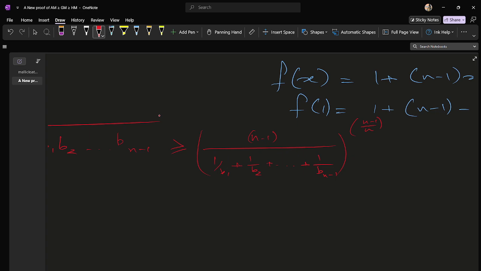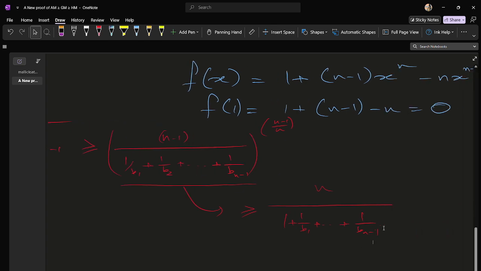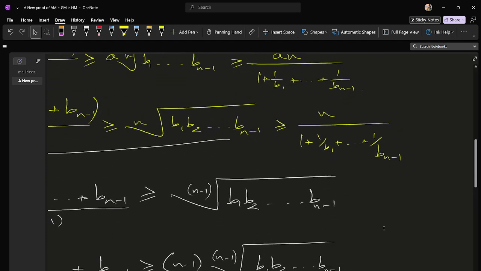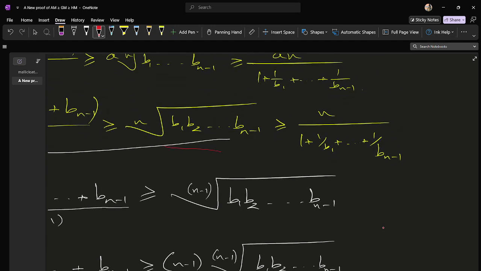So now it will be enough to prove that this thing is greater than or equal to n by (1 by b1 plus up to 1 by bn minus 1), which is written here as this part.